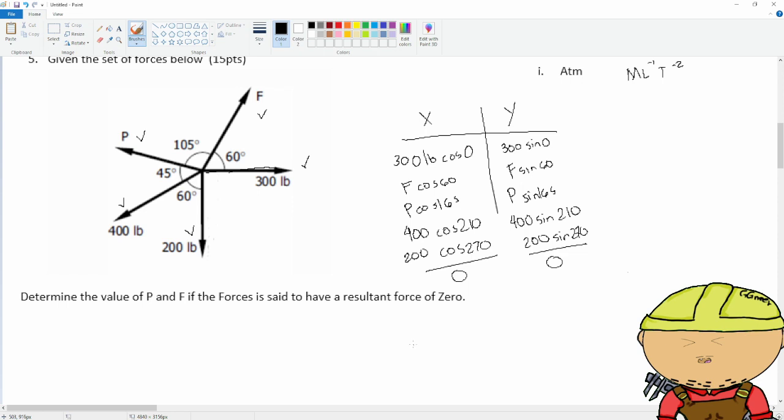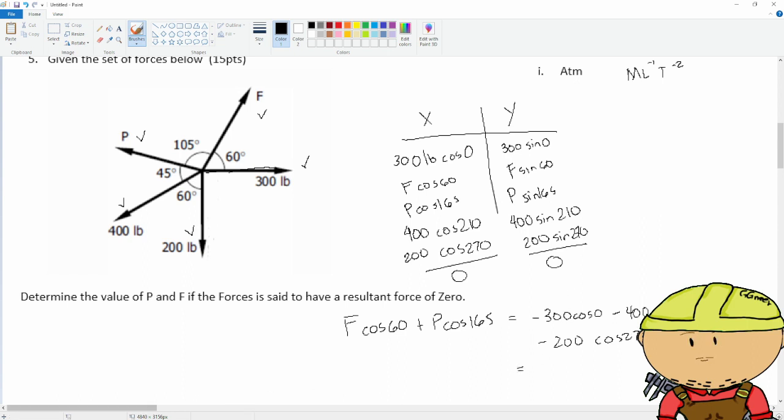I'm going to write this in horizontal form. F cosine 60 plus P cosine 165, that's on the left part, the unknown part. I'm going to transpose 300, 400, 200 to the opposite side: 300 cosine 0, negative 400 cosine 210, negative 200 cosine 270.